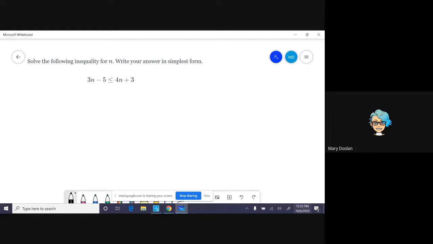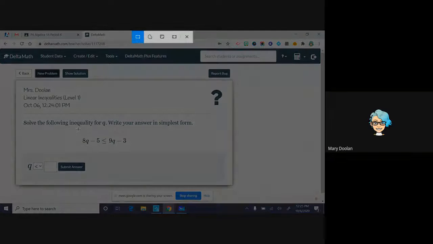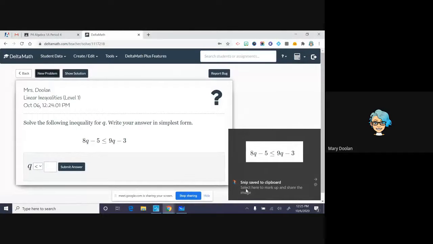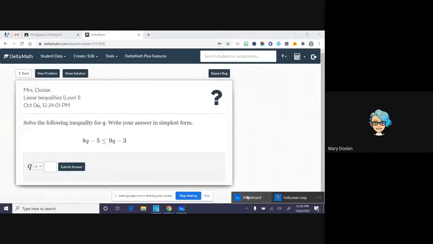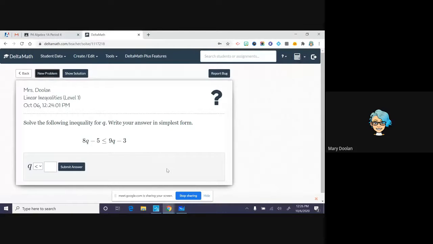I don't know why it's not letting me copy it. It's weird. I don't know why it doesn't like me to do that. That's so weird. I'm just going to type it.